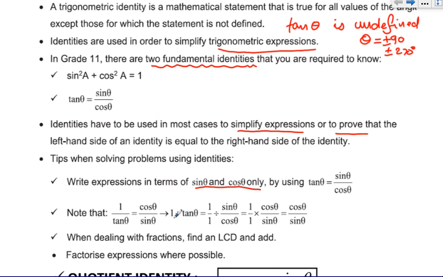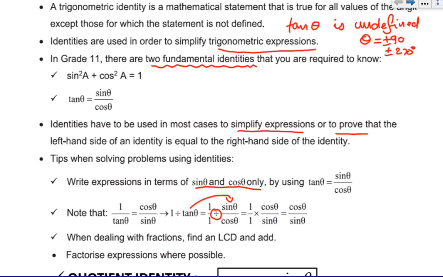And this is the explanation. 1 divided by tan theta is equal to 1 over 1 times sine theta over cos theta. That's the tan. And because we have division, we change it to multiplication, and therefore it's going to be 1 over 1 times cos theta over sine theta, and therefore it's cos over sine.